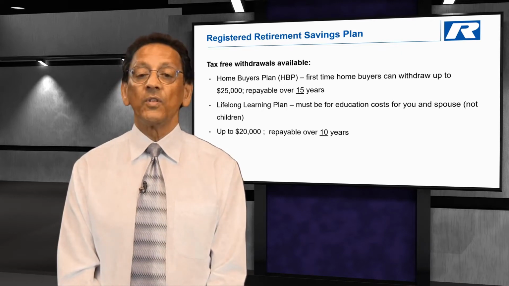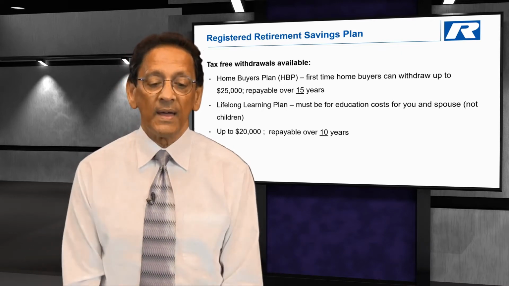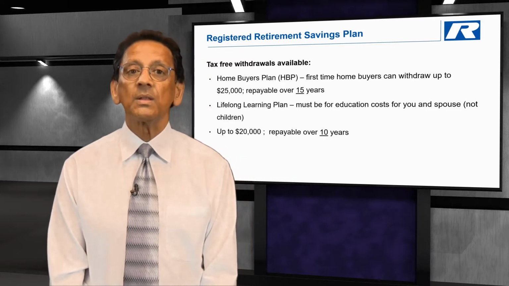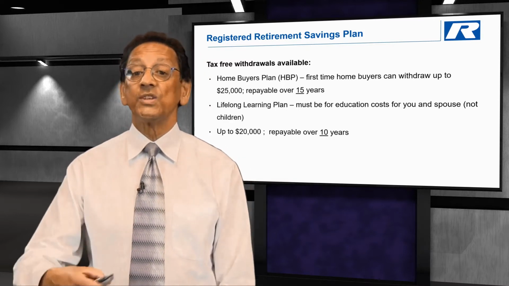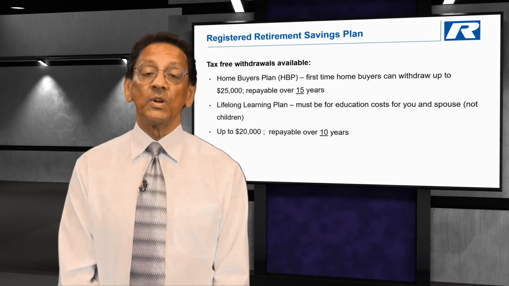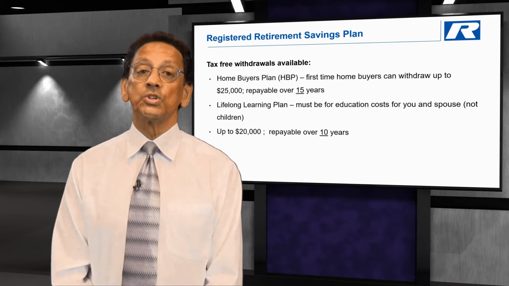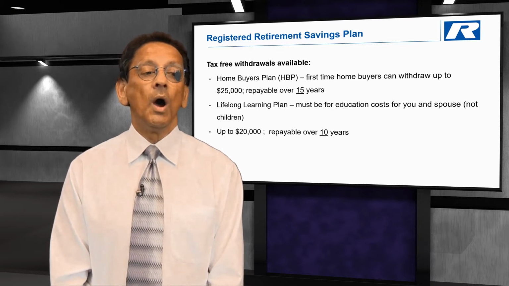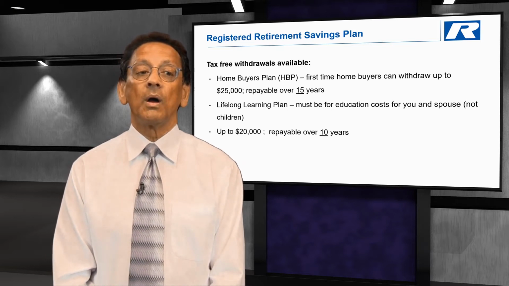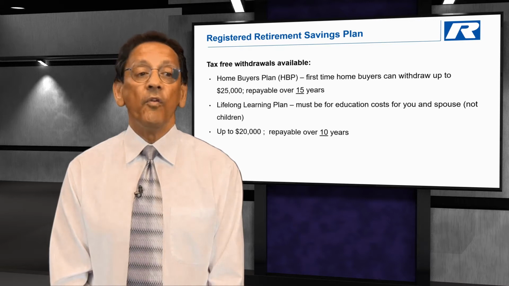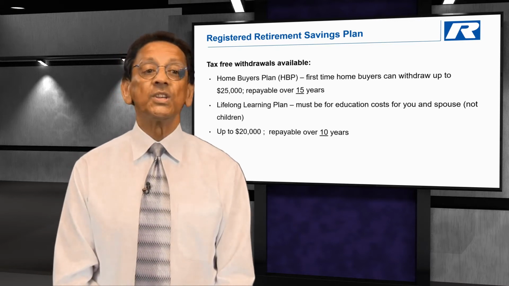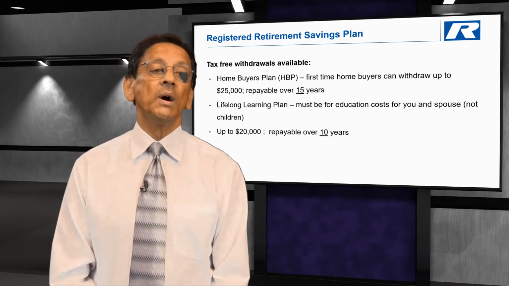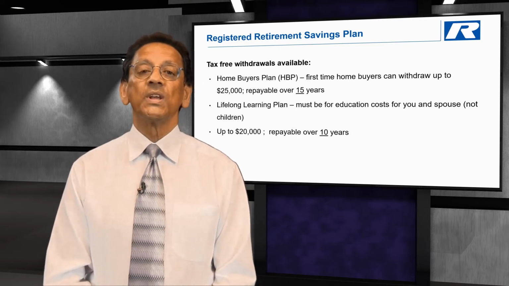It's lifelong learning, recognizing that in today's work environment, continuing education is going to be critical for us to be able to keep up and keep our jobs. So the federal government allows us to borrow up to $20,000 from our RSP towards continuing education for us. We must repay that amount over 10 years.